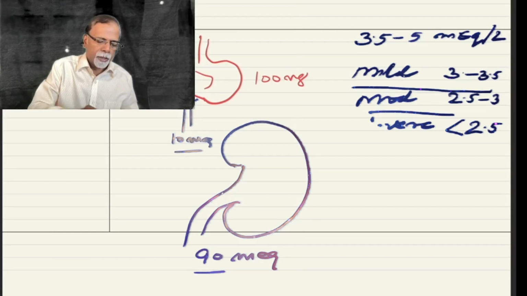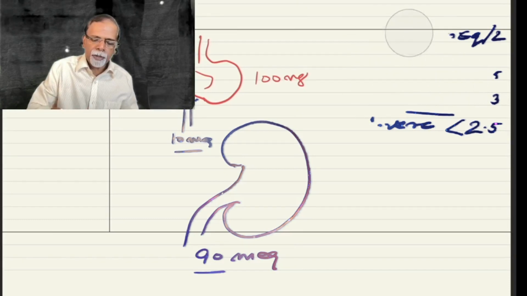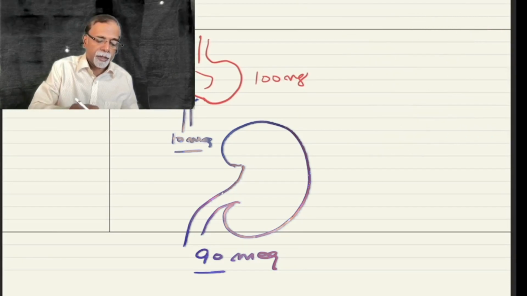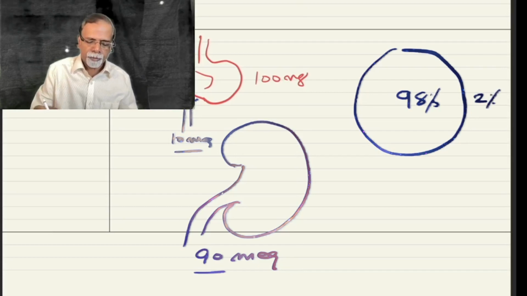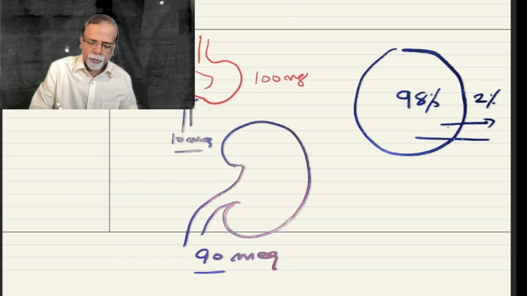Again, looking into the cells, remember that potassium is a major intracellular cation. 98% of potassium is inside the cell and only 2% extracellular. And potassium can shift through the membranes. The major stimulus for membrane shift is one, beta stimulation or beta agonist.